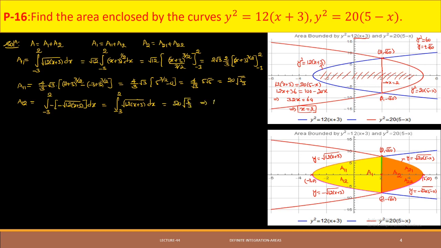So this implies a1 is equal to a11 plus a12, that is equal to 2 into a11, that is equal to 40 into root 5 by 3. Let me box this expression.